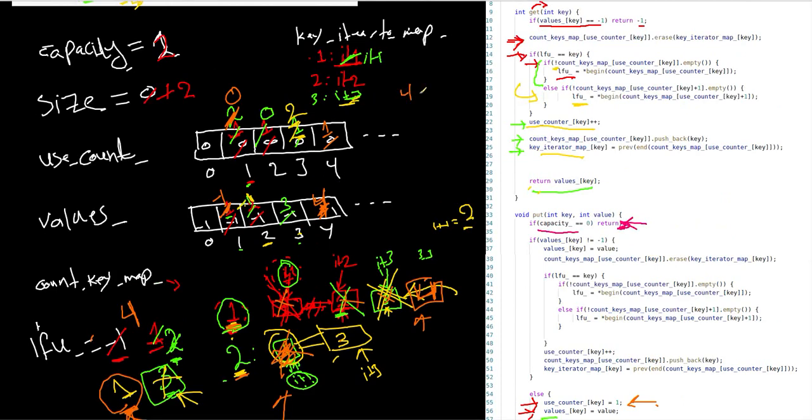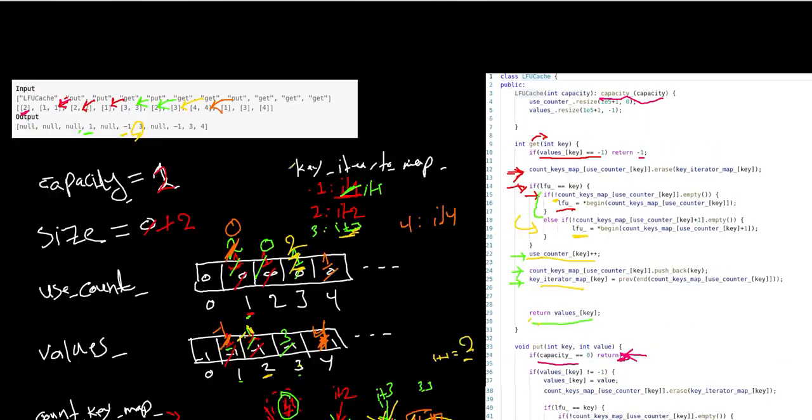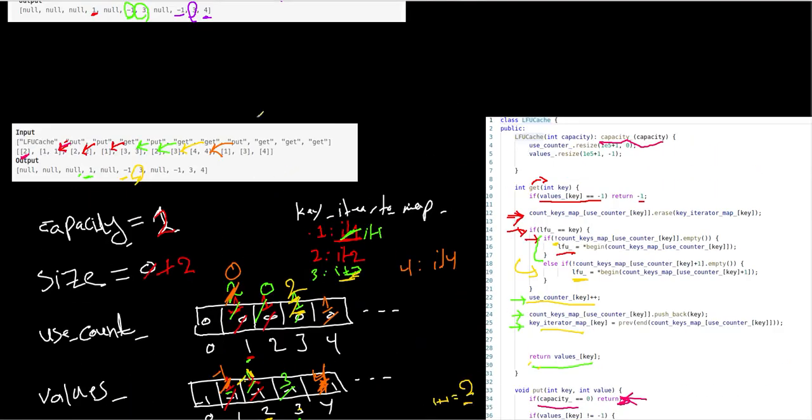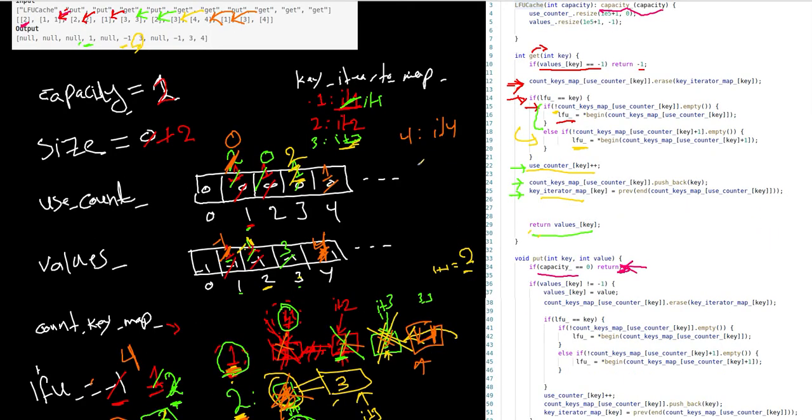So node 4 has iterator 4, and that's it for this call. Now get 1. Again, value of key, is it -1? Yes. So for key 1, because we just invalidated it, we print -1, which is this one.